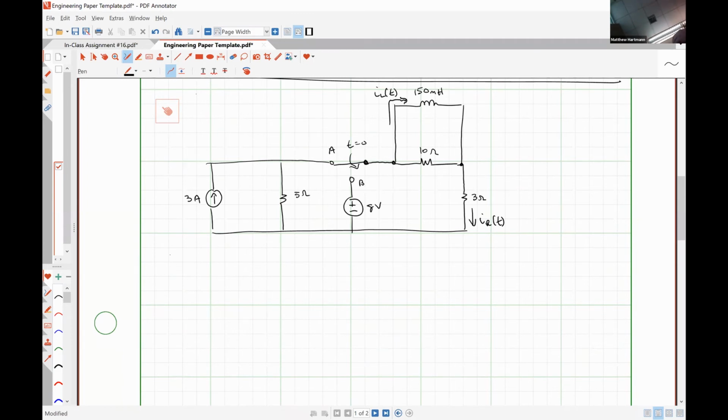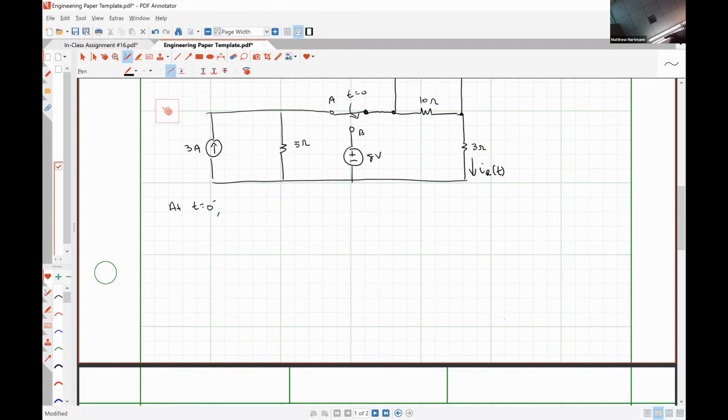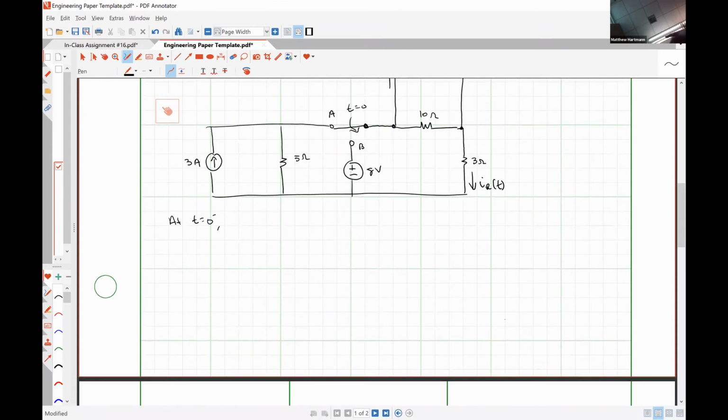So at t equal to 0 minus, our circuit is going to look like this. So let's see. I'm going to have my 3 amp source in parallel with my 5 ohm resistor.